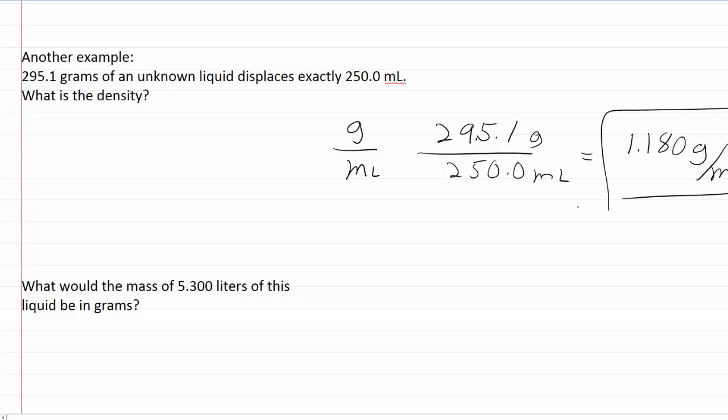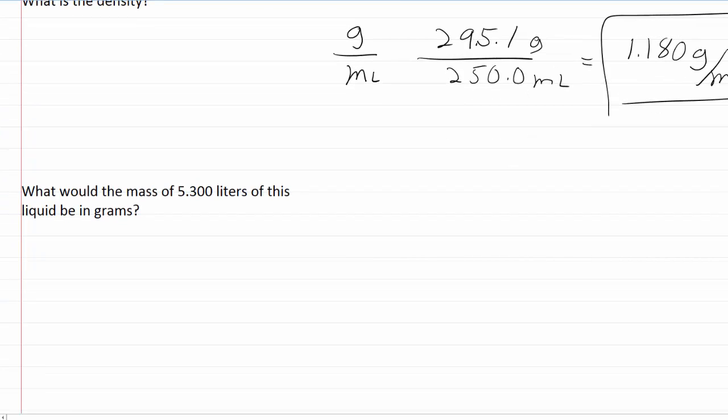Now I want to use it. What would the mass of 5.3 liters of this liquid be? First of all, I've got liters, and my density is in milliliters. So I have firstly to change from 1 liter to milliliters.